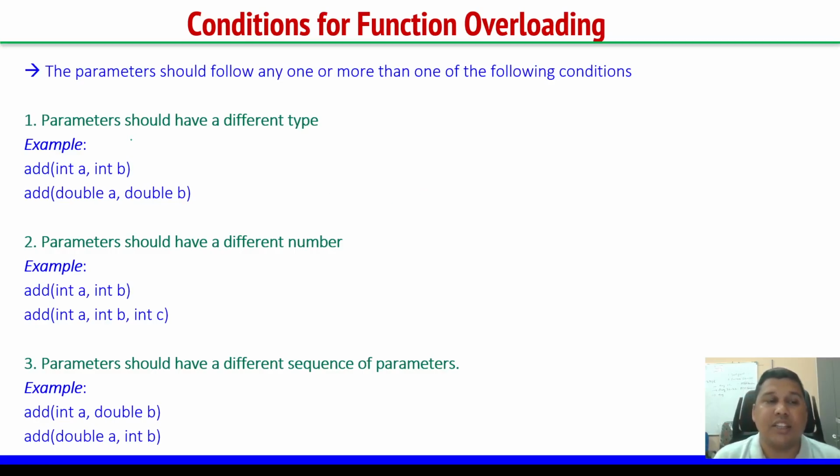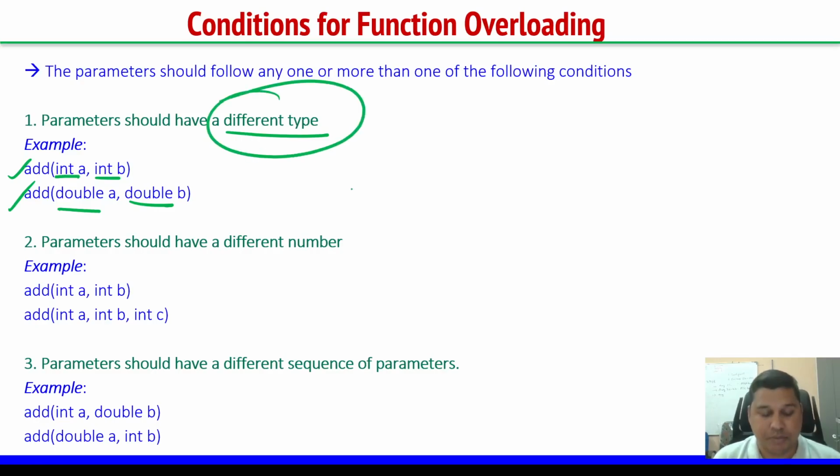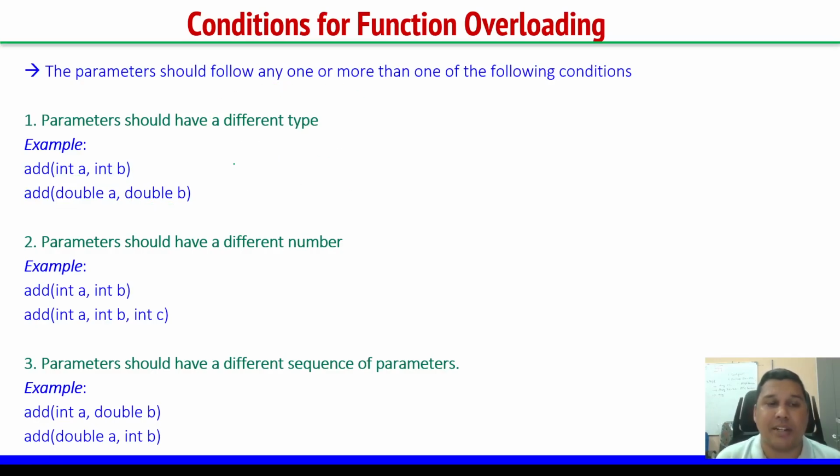The first condition is that parameters should have different types. You can give the same function name add, but here it is int and here it is double. The number of parameters is 2, but the data types of those variables are different, int here and double here.